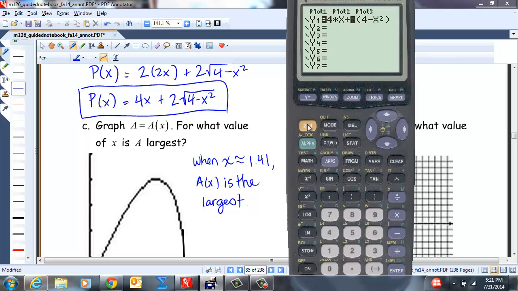And then if we insert 2 times that radical, I think we'll be good. So let's graph this guy. So this one, we're not getting a good view of our graph here. So let's go to, we'll try zoom fit, see if it works. Okay, that's better.